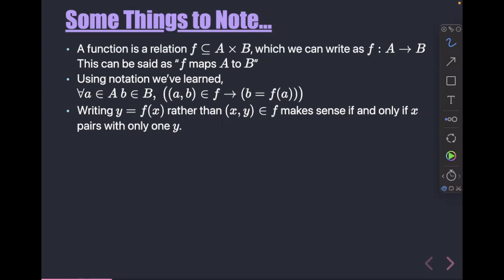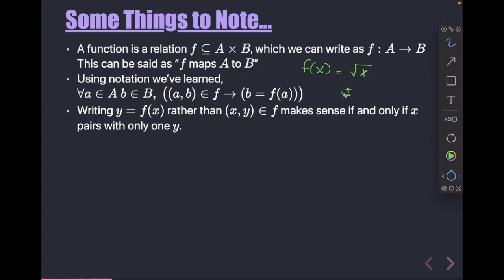Now, this idea of using F of A or F of X notation only really makes sense if X pairs with only one Y. If you have a case where F of X could equal more than one thing, in other words if it's a relation that's not a function, where an input could have multiple outputs, like F of X equals the square root of X, well, the square root of a number is really plus or minus that number.